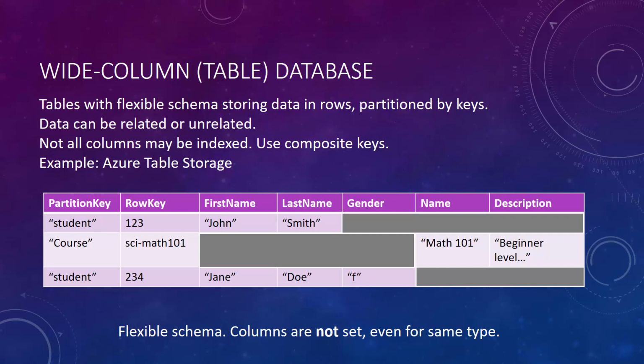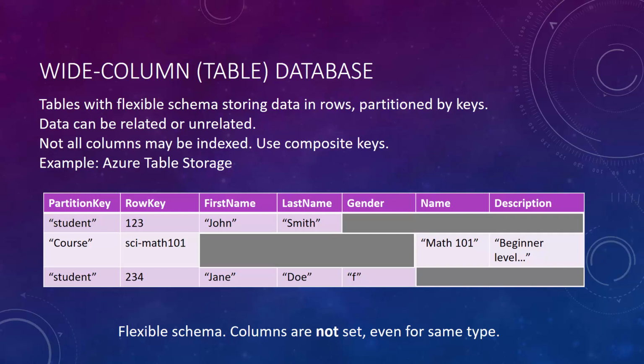So the second entry is a good example. It says SCI for science, and there's a dash, and then it says Math 101. So this is a good example of a composite key. We decided that we're going to include some kind of prefix in our row keys to indicate that this particular class is a science class.